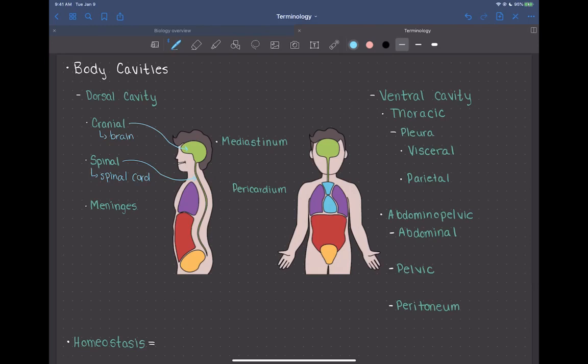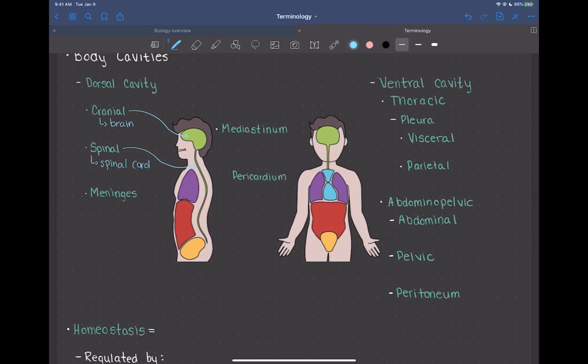Okay, and with these different cavities, we're going to talk about the tissues that are found inside of them. The tissues found in this dorsal body cavity are called meninges. By tissues I mean covering tissues, so they're protective tissues.